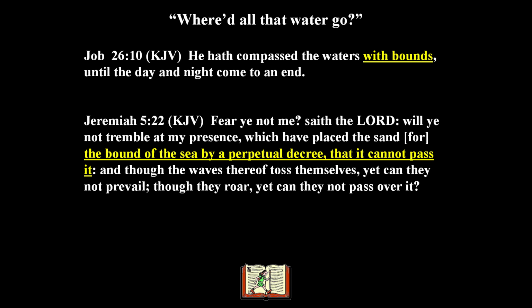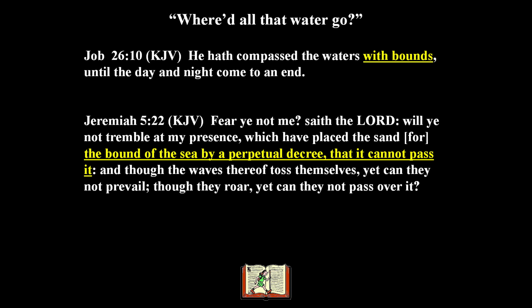Job 26:10: He hath compassed the waters with bounds, so they can't go past these bounds, until the day and night come to an end. So this would give another indication that God said that he would never flood the planet again. And so this is his promise. We may have localized flooding, but nothing where it would destroy the world again.